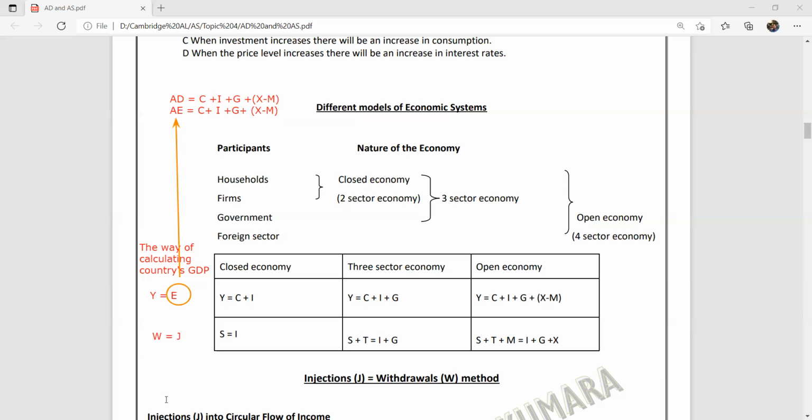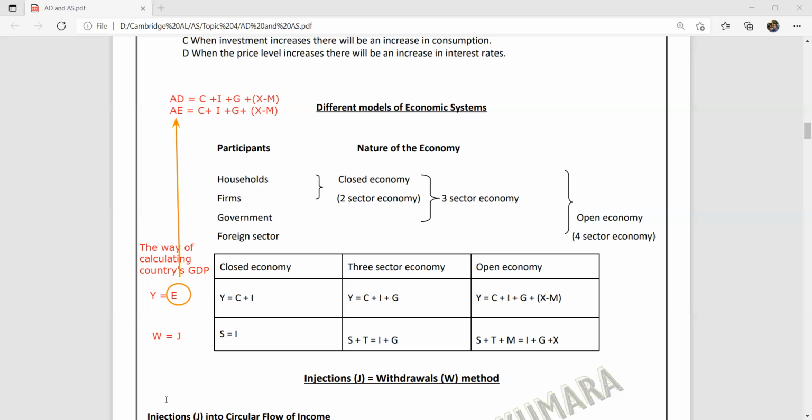When there is output, when we purchase goods, for example, you earn 100,000 for the month. Assume like that. Even though you earn 100,000, your total expenditure on goods and services is not 100,000. Why? You should definitely save a particular amount for future purposes.